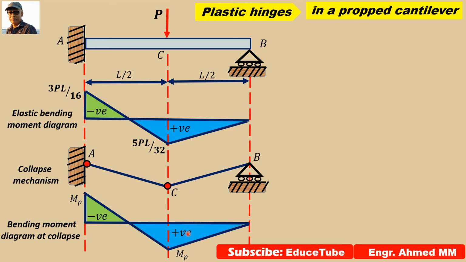So this bending moment diagram has value MP, it is actually minus at A, and MP at C it is plus.